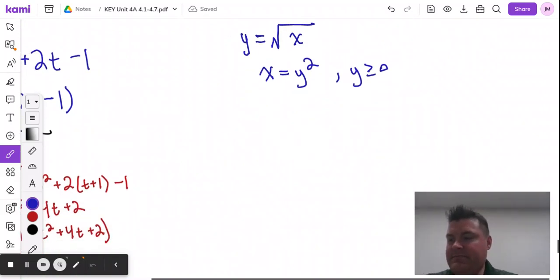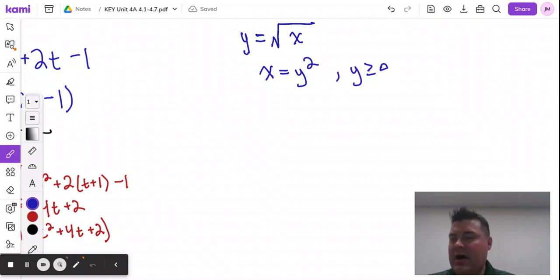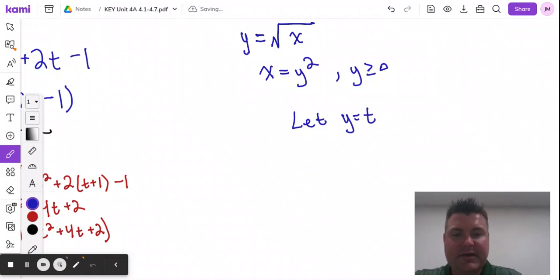That's important to note before we do the inverse. So if we're just doing the regular, there's two different ways to do this. We're going to let y equal t instead of x in this case. When we do that, x is going to equal t squared. So we're just switching the roles for the inverses here. We're going to get t squared, comma, t.